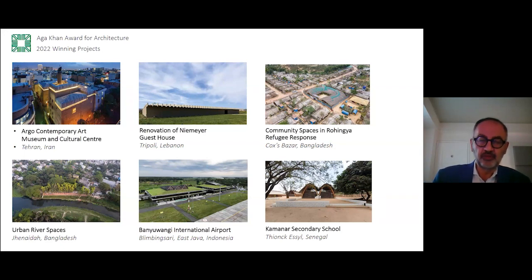Sometimes it takes a long time to be completed and to be evaluated. So when you look at the project at the time it's been given an award, the idea is already a little bit old. So how can we find new, contemporary issues in projects which are done? That's one of the things which the Aga Khan Award for Architecture has been able to do through this system of changing the jury members and steering committee members.